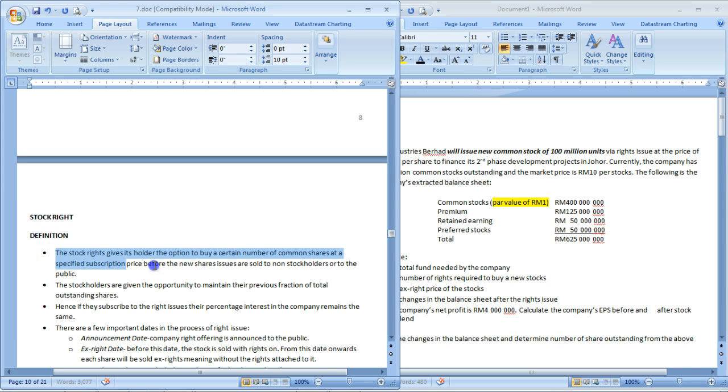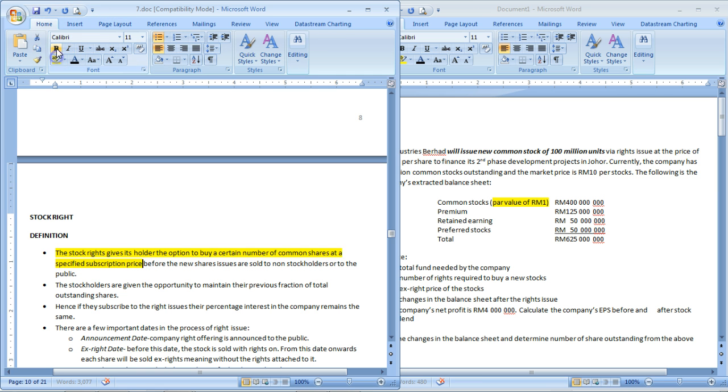The stock right gives the holder the option to buy a certain number of shares at a specific subscription price. This is a keyword that you need to know. This is before the new share issue is sold to non-stockholders or to the public, and this is the opportunity to maintain their previous fraction of the total shares. When you sell new shares to the existing shareholders, you are trying to maintain the ownership percentage among the shareholders.